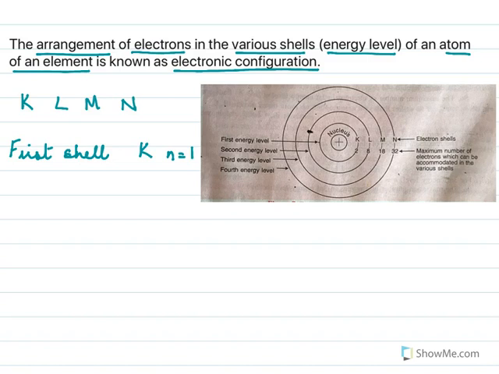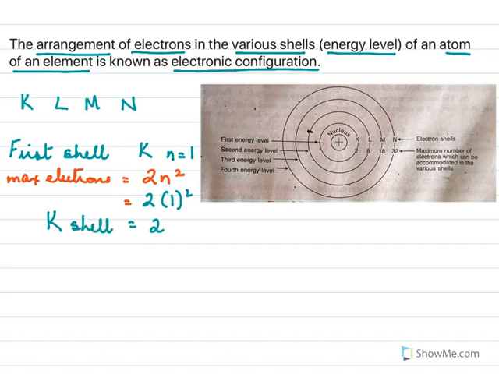The maximum electrons that can be accommodated in this shell is given by the formula 2n square, which for K, n is 1, so 2 × 1 square, which is 2. So in the K shell, the maximum electrons that can be accommodated is just 2.